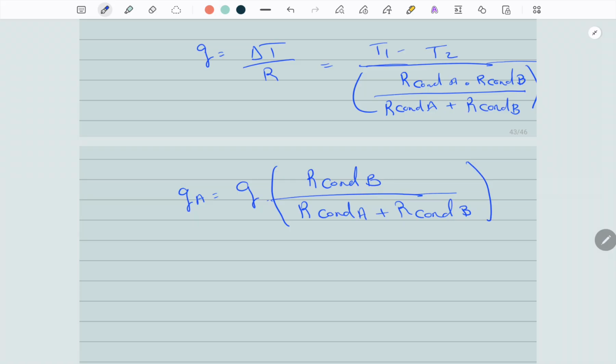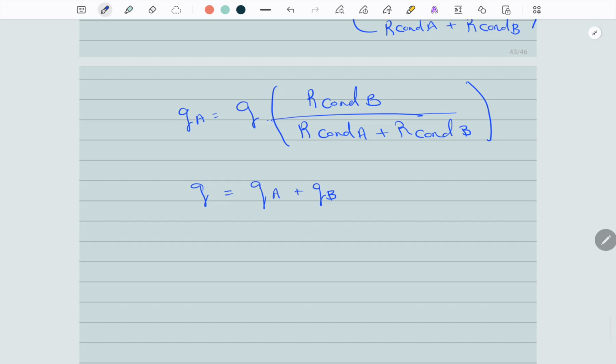Now that you solved for QA, we know that Q equals QA plus QB. Therefore, QB equals total heat transfer minus QA.